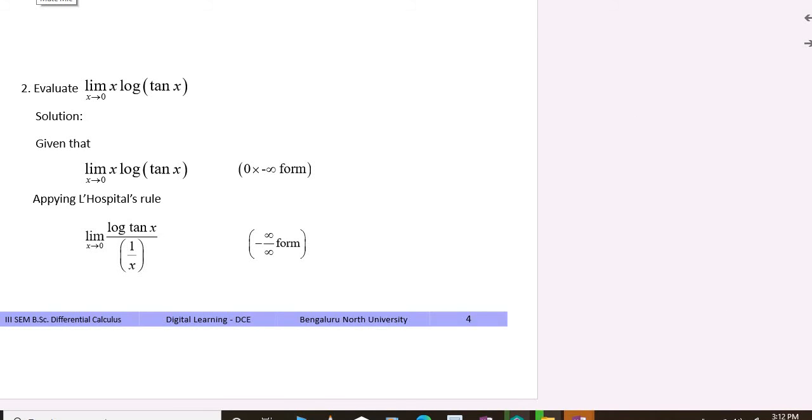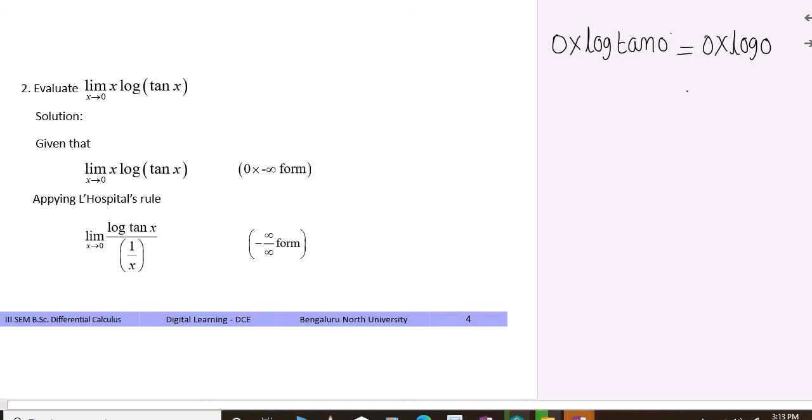Next question. Evaluate limit x tends to 0, x into log of tan x. First of all, I am going to substitute x equal to 0 in the given function. That means 0 into log of tan 0, which is equal to 0 into log 0, because tan 0 is 0. 0 into minus infinity.